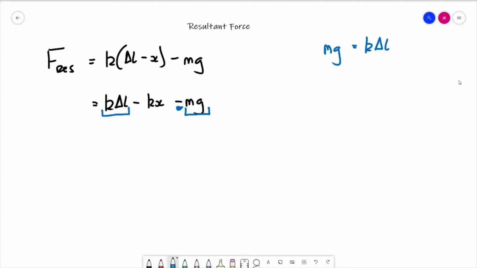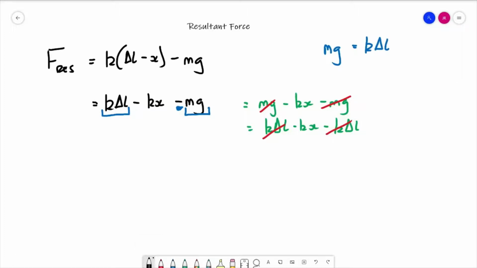Now just to show you that, we can substitute either way at this point, it doesn't really matter. We could say that this is therefore mg minus kx minus mg, and the mg's cancel out, or of course we could say it's k delta L minus kx and do the substitution the other way around and say k delta L there, and then they still cancel out.